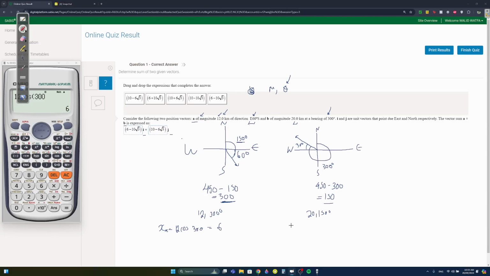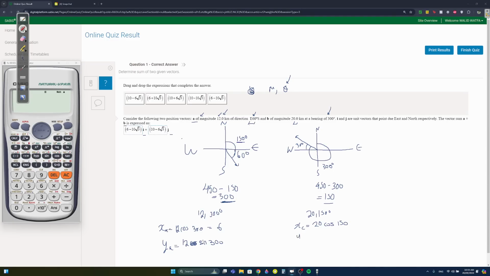The x component of B is 20 cosine 150, so plus 20 cosine 150. Why are we adding? Because they said A plus B. And you get 6 minus 10 radical 3 as your i component. But then the y component is the magnitude times sine theta.